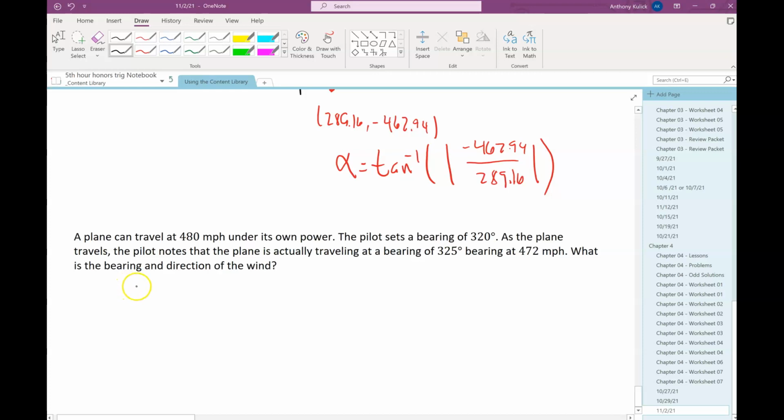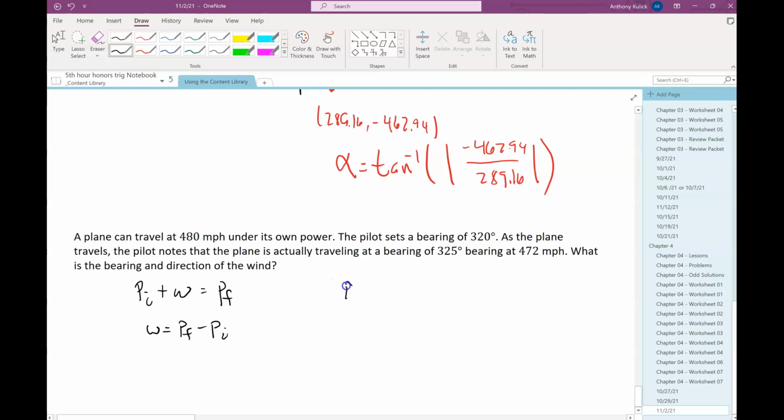So here's what's going on. We have the plane initially plus the wind is going to give us the plane's final stats, right? The wind is going to interact with it that way. Because we're looking for the wind, we're really going to be taking the plane's final stats and subtracting the plane's initial stats. Is that okay with that?